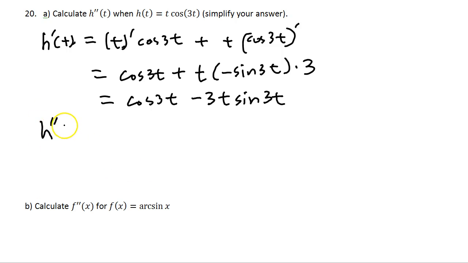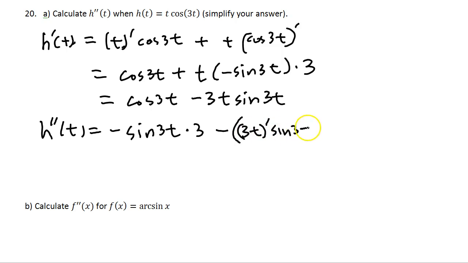Now, what is h double prime of t? You differentiate the first one, cosine differentiates to negative sine. Pull the 3t out and differentiate, it's 3. Then this one, you need the product rule. So let's write down 3t prime sine 3t, plus 3t times sine 3t prime.